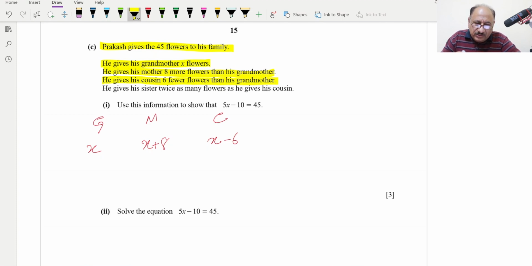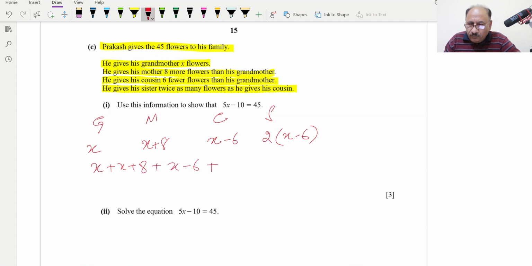And next, he gives his sister twice as many flowers as he gives his cousin. So sister will be S, and twice the cousin is 2 times (X minus 6). And these all should add up to 45 flowers, so it will be X plus X plus 8 plus X minus 6, plus we will open this one and write over here 2x minus 12, is equal to 45.